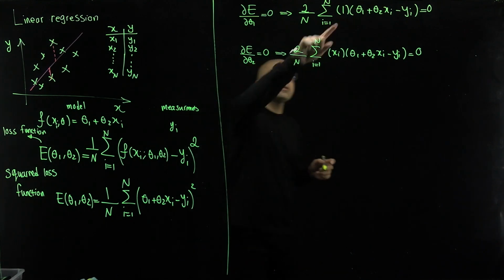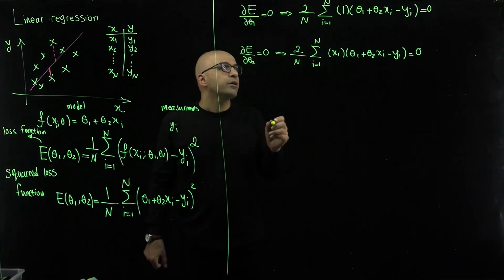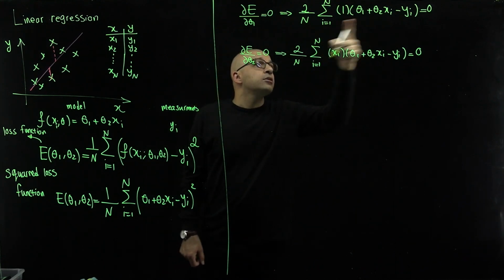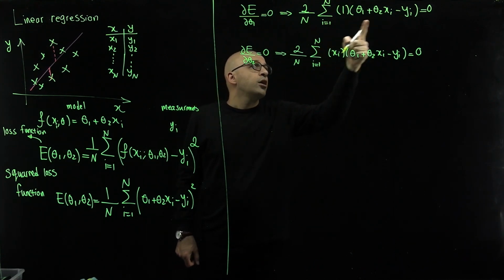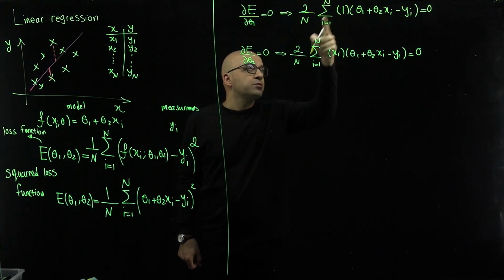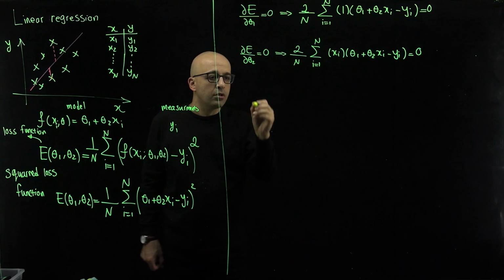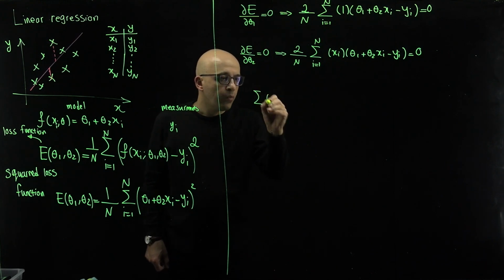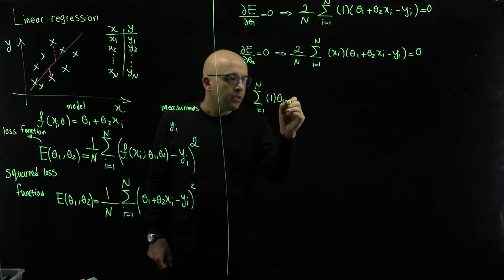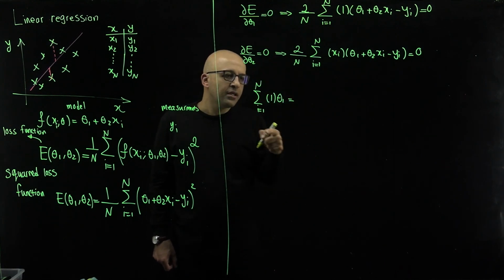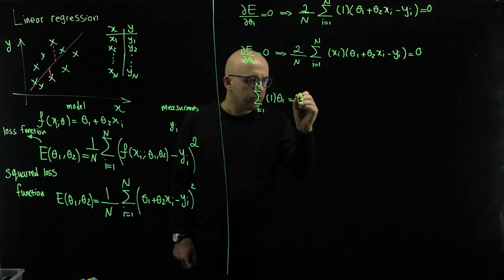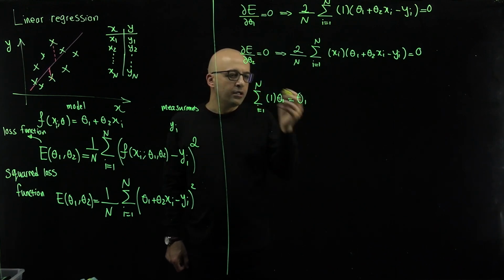So let me simplify this expression. Theta 1 and theta 2 are not indexed with the index of the summation, so they're really constant with respect to the summation, and we can pull them out. If you see an expression like 1 times theta 1, theta 1 is, like I said, a constant with respect to the summation, so you can pull theta 1 outside of this summation.